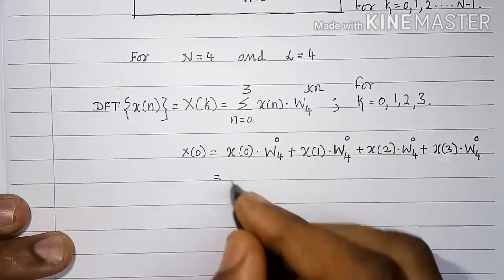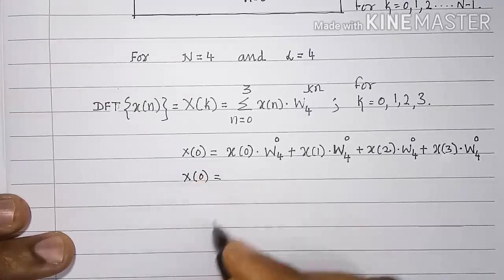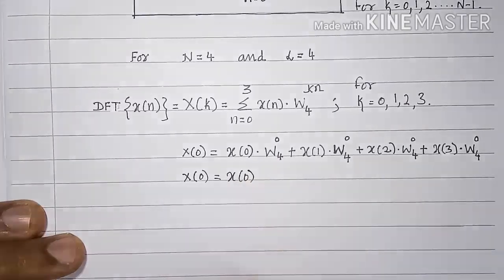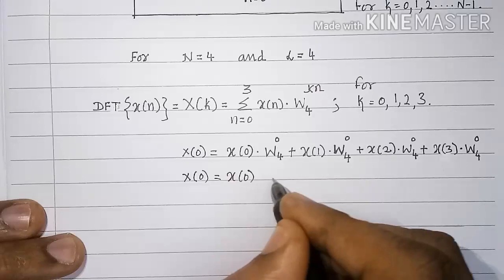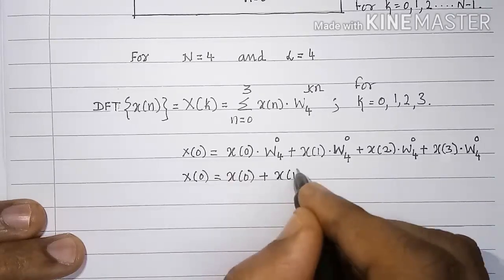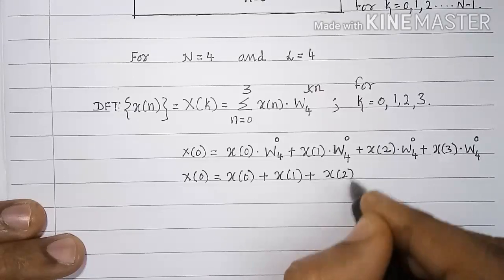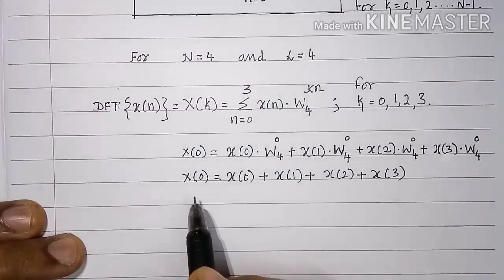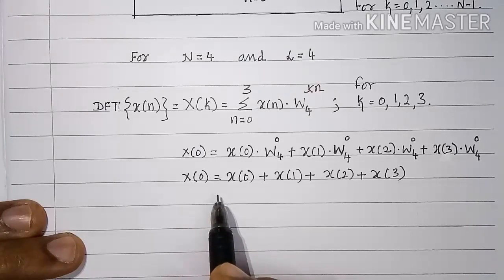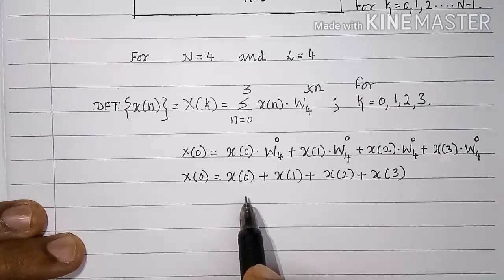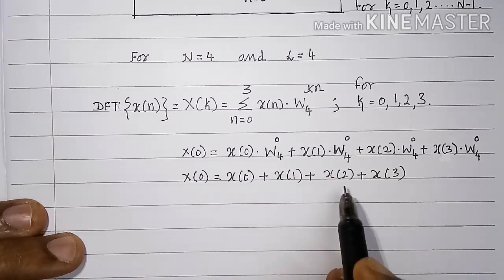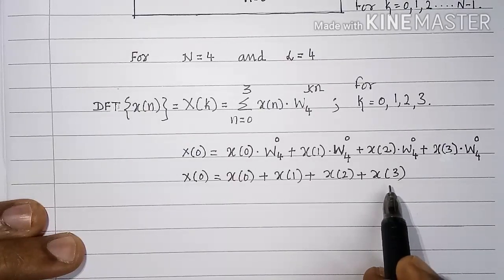Since a raised to 0 is 1, x of 0 will be equal to x of 0 plus x of 1 plus x of 2 plus x of 3, which means that for k equal to 0, the first DFT coefficient may be calculated as the sum of all the discrete values of the given sequence.